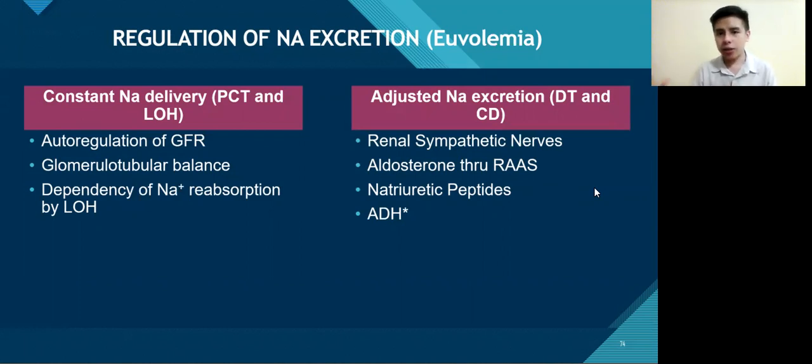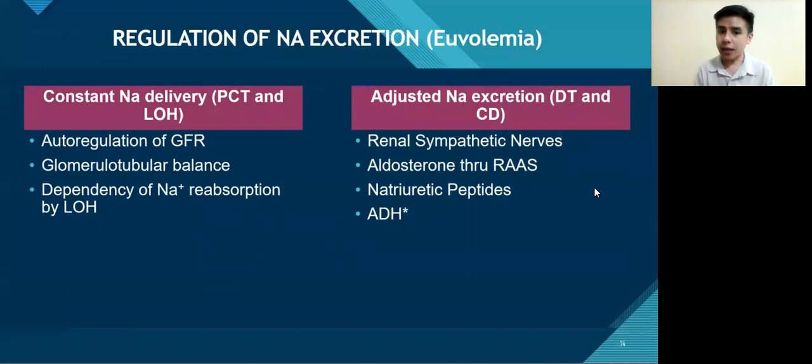On the other hand, the late distal tubule and collecting duct are dependent on aldosterone, which is synthesized in the adrenals and activated by the renin angiotensin aldosterone system.